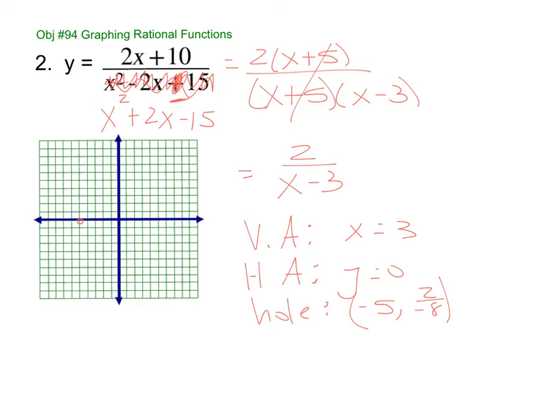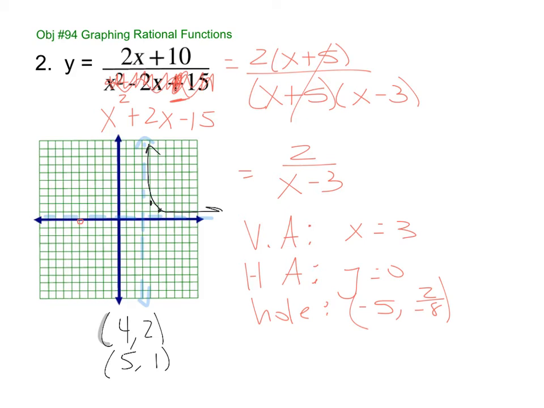I'm going to draw in my asymptotes, 0 and 3. I'm going to pick some points. 4, 2, 5, 1. So that's this one.